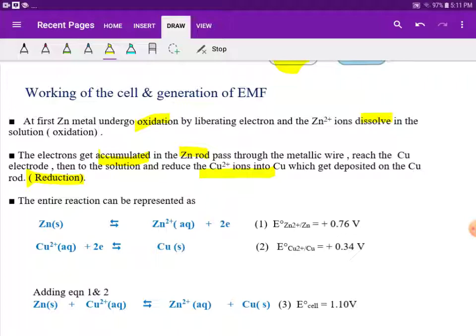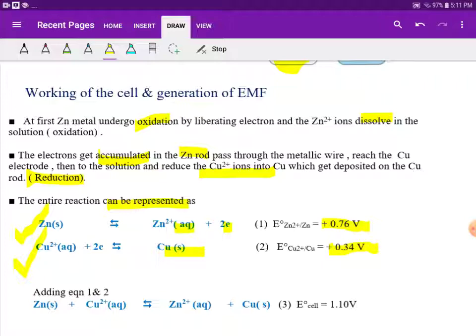So the entire reaction can be represented as Zn(s) reversibly gives Zn2+(aq) plus 2 electrons, with an oxidation half EMF equal to plus 0.76 volts. And Cu2+(aq) plus 2 electrons reversibly gives Cu(s) with a half reduction potential equal to plus 0.34 volt.